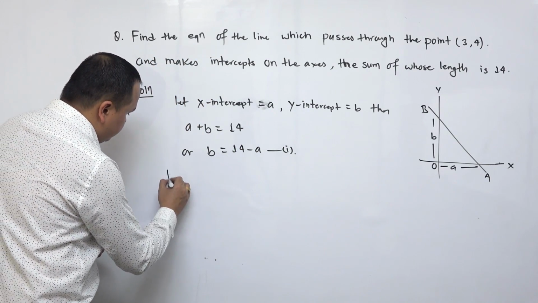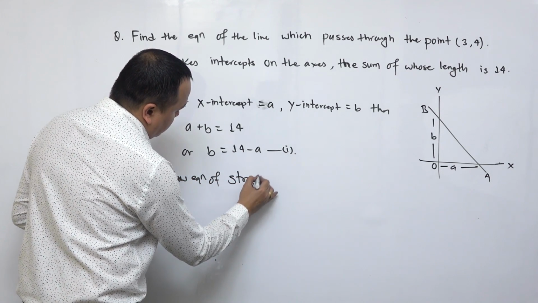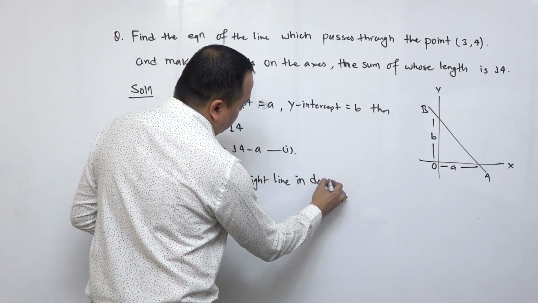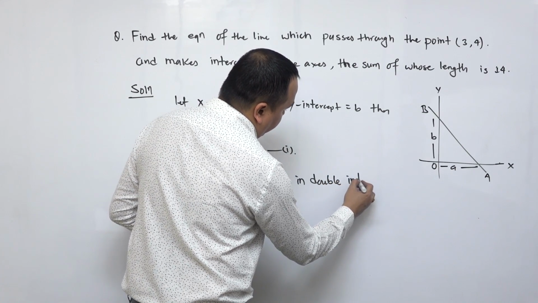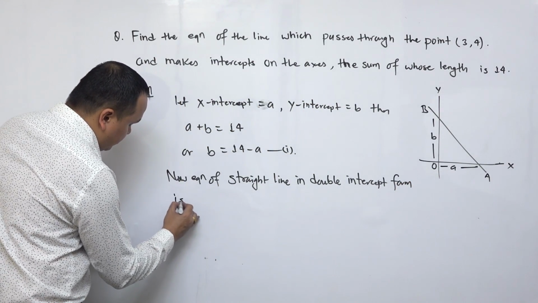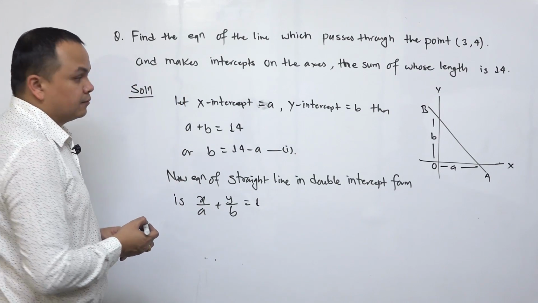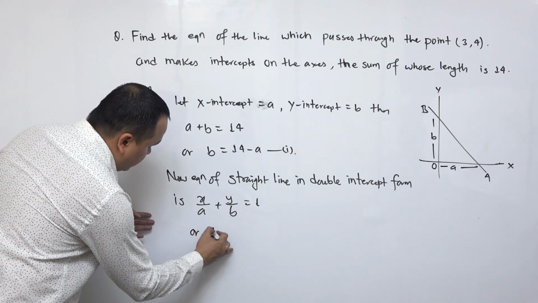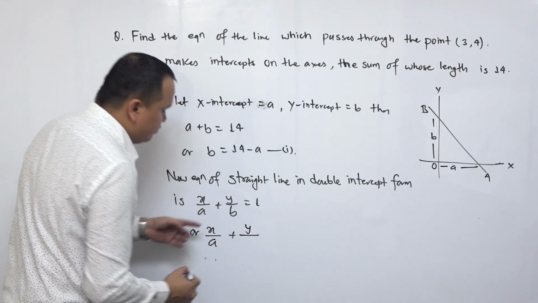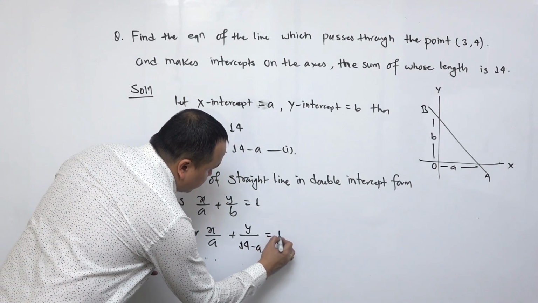Now, equation of a straight line in double intercept form is x by A plus y by B is 1. We have B is equal to 14 minus A, so x by A plus y upon 14 minus A is equal to 1.